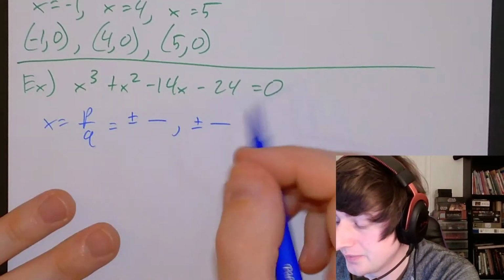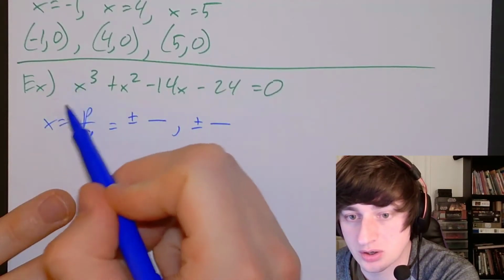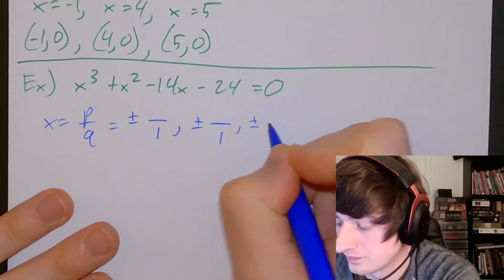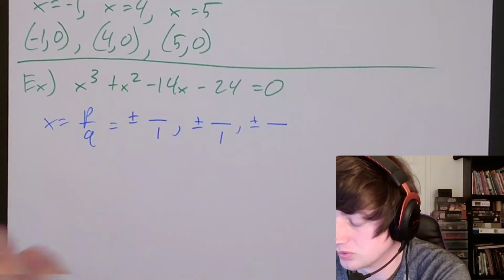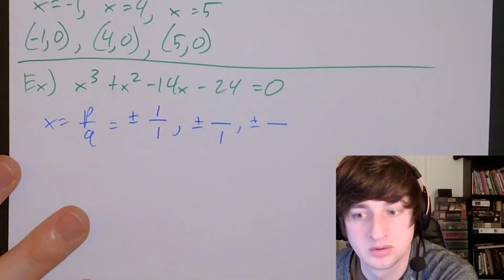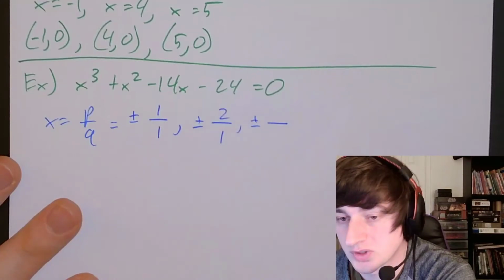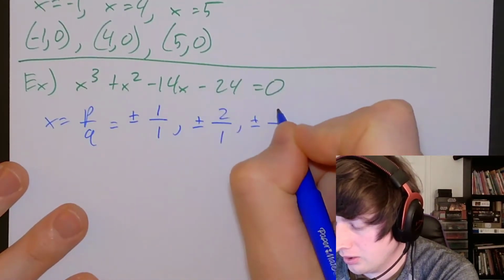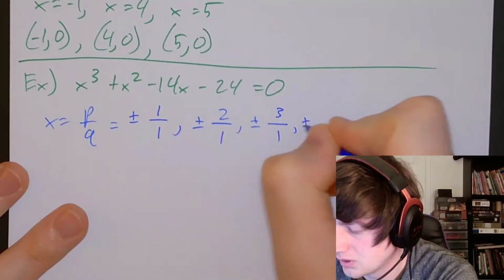For this one again, all of the Qs, all the numbers from here, are 1. They're all 1. And then we just need the factors of 24. Well, 1 and 24, you can divide 24 by 1. You can divide 24 by 2, it's going to give you 12. You can divide 24 by 3, you can divide 24 by 4.